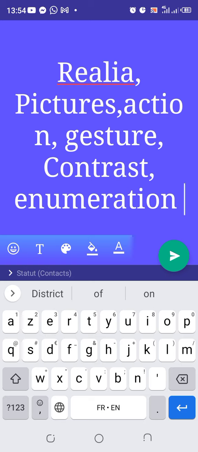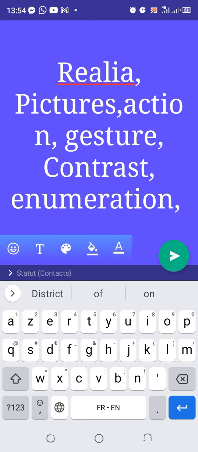For example, a teacher will say vegetable, then explain that word by enumerating or listing various items that relate to the vegetable. For instance, you can say onion is a vegetable, tomato is a vegetable, garlic is a vegetable, something like this. After that we've got what we call explanation.